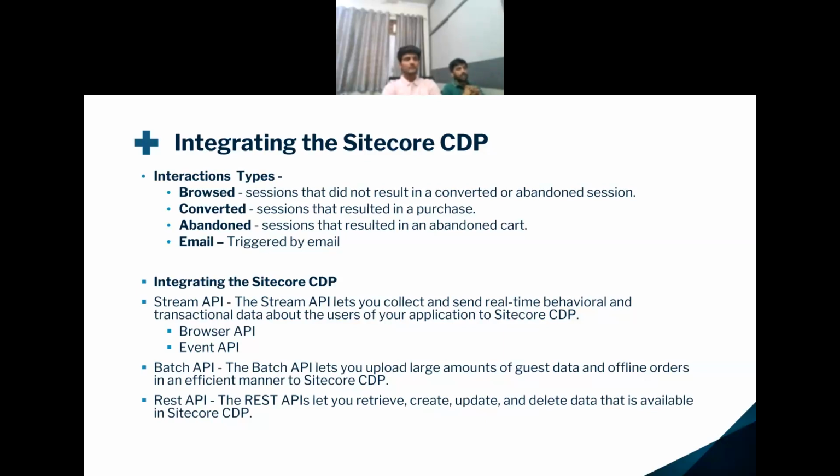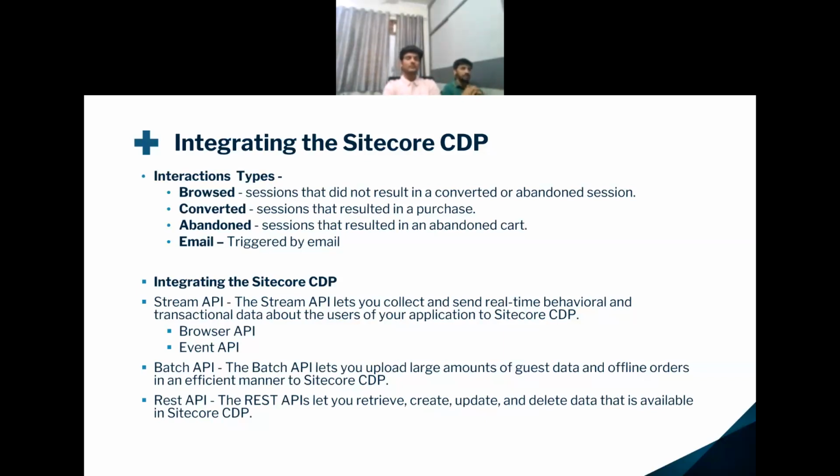Browse API enables us to extend functionality within a browser. We can also manage cookies from this Browse API. Cookies are an important part, because browser cookies help us identify guests, which makes our personalization better, and personalization is very important, otherwise it will not work.